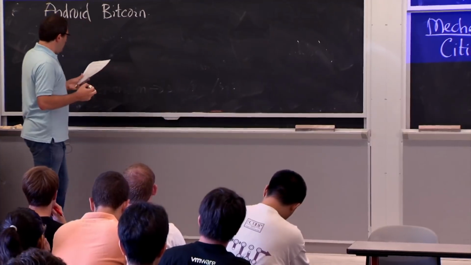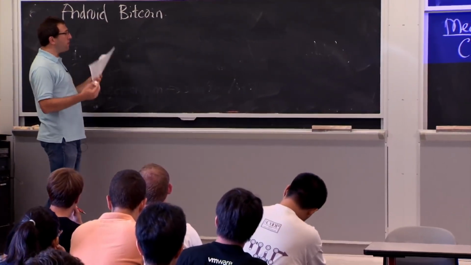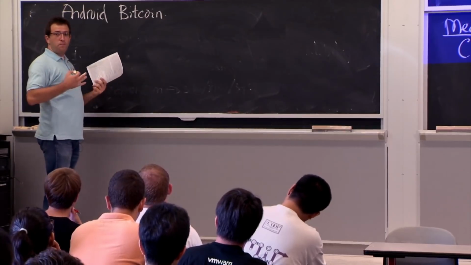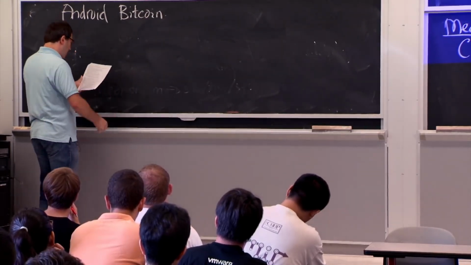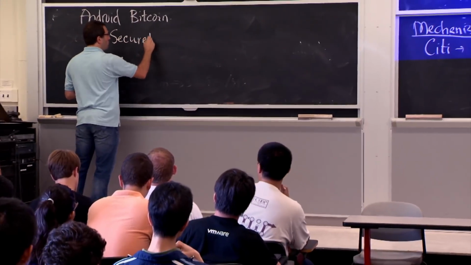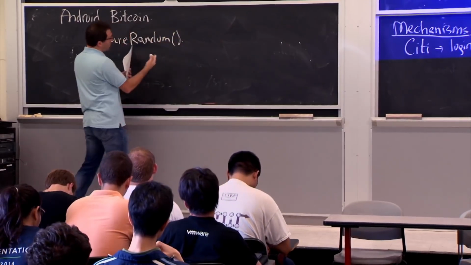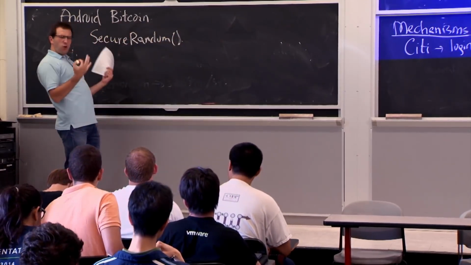There were people using Bitcoin on Android, and the Android applications for Bitcoin were getting random values for these keys using this Java API called SecureRandom, which sounds great. But as people figured out, it doesn't really get real random numbers.